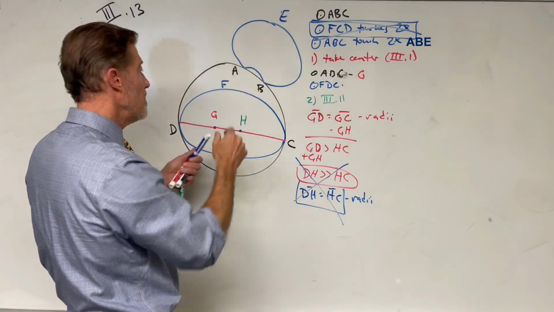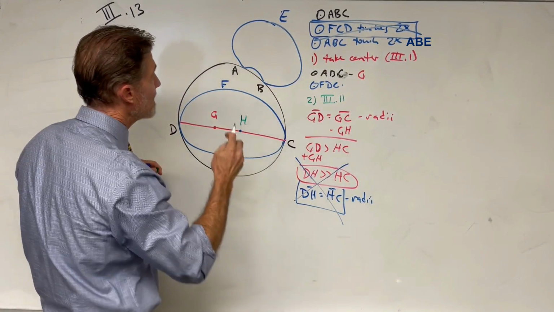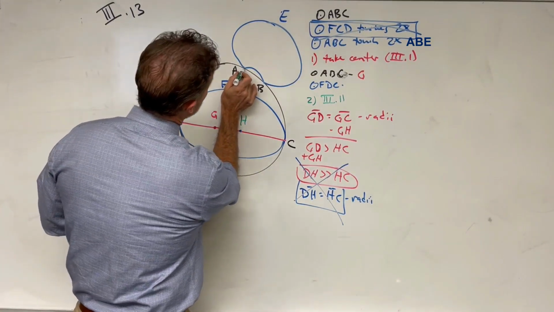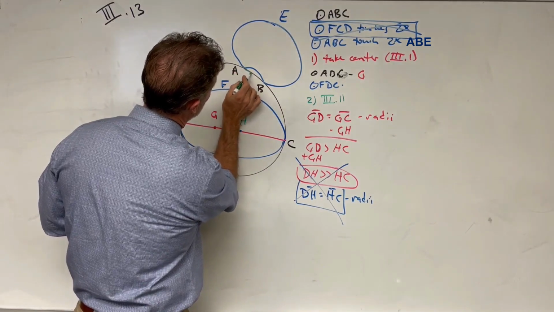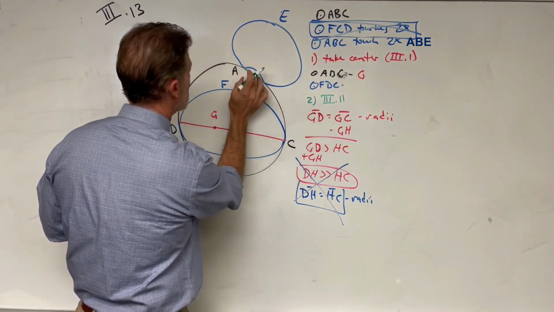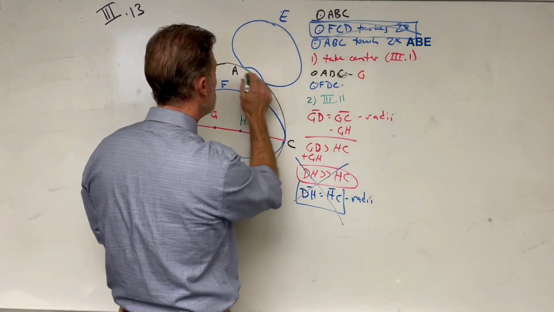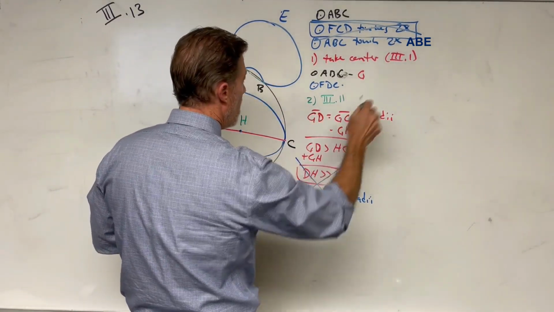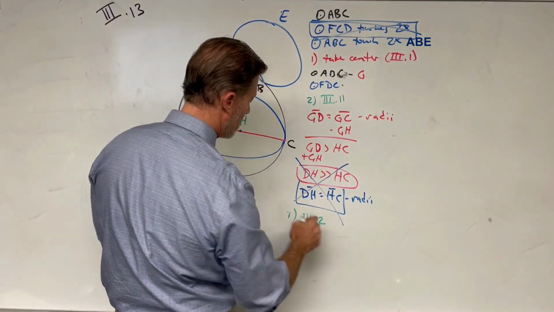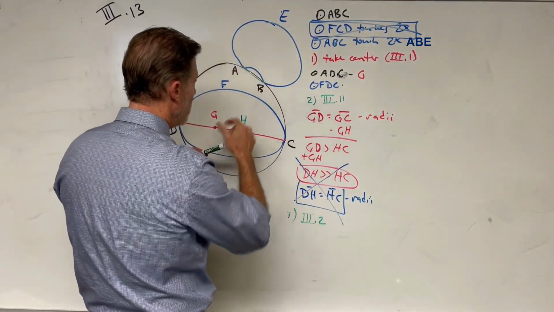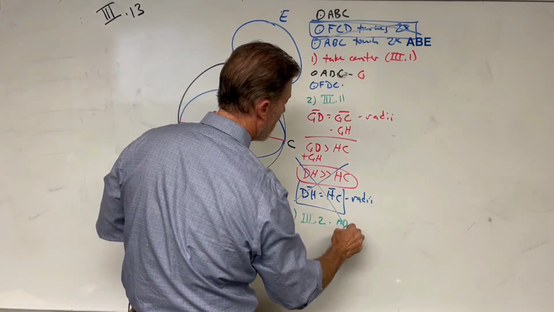We're going to see that there's another contradiction when we try to see if it can touch more than once externally. So let's join points A and B. We know from Proposition 2, Book 3, that if we join any two points on a circle, the line falls inside the circle.